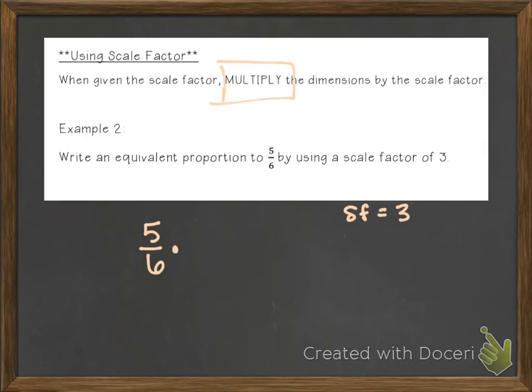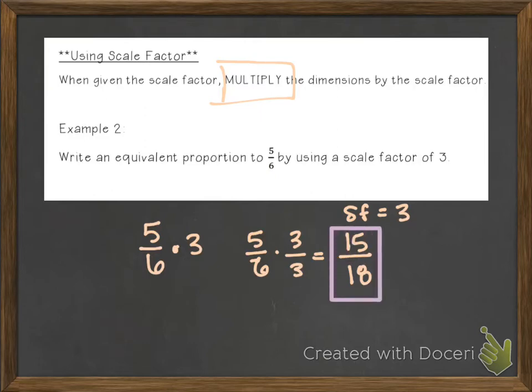So this is times 3. Well, what we do to the bottom, we have to do to the top. So really, 5 over 6 is multiplying both of these numbers by 3, which gives us 15 over 18. And that is our equivalent proportion.